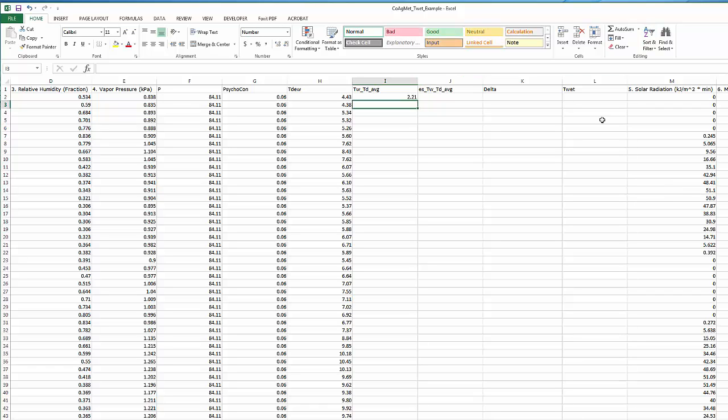And it just put in the assumed value, an average value of 0 for that at this point. And now we need to calculate the saturation vapor pressure at this average temperature, and we just use the regular Tetens formula for that.